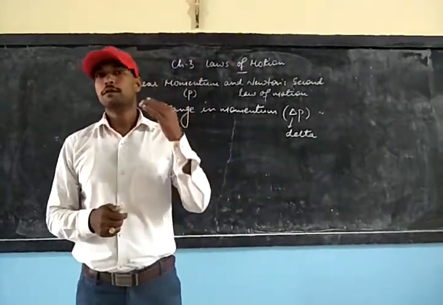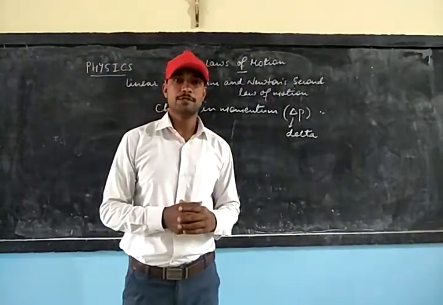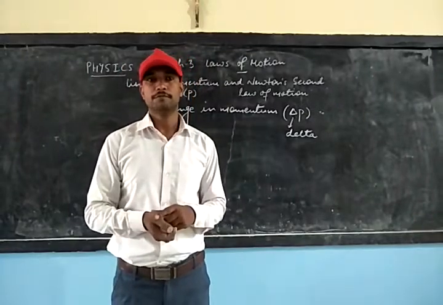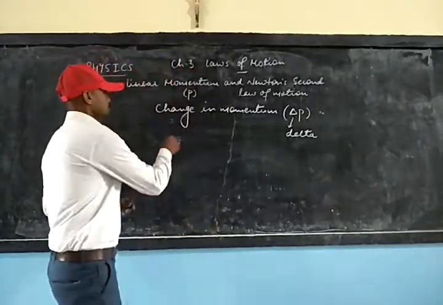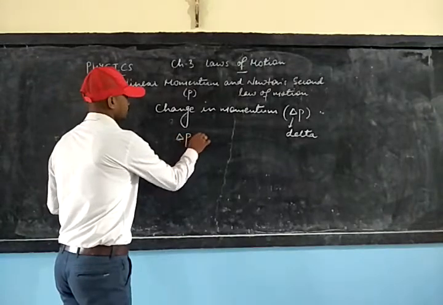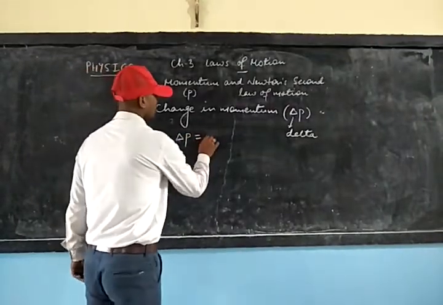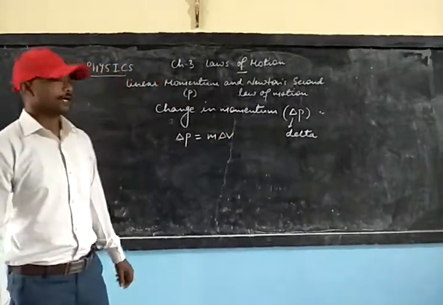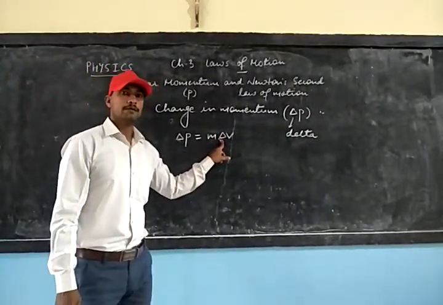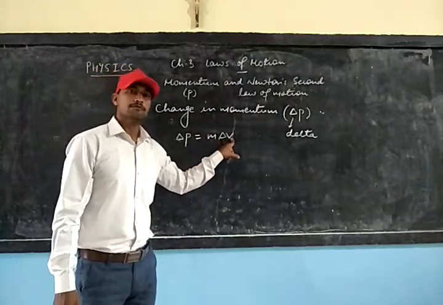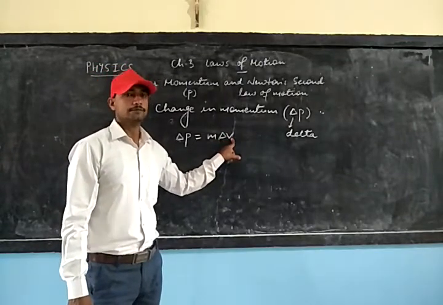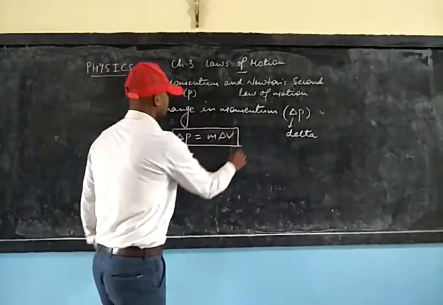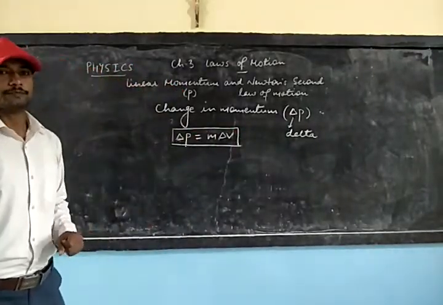When the velocity of the body is changed, automatically there will be change in momentum. Change in momentum is equal to mass into change in velocity. Again I have used the symbol delta because there will be change in velocity. So this becomes the formula for finding the change in momentum of a body.